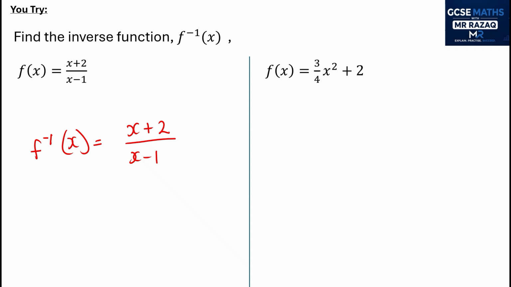And this one, it would be f inverse is equal to the square root of 4, open bracket, x minus 2 over 3.